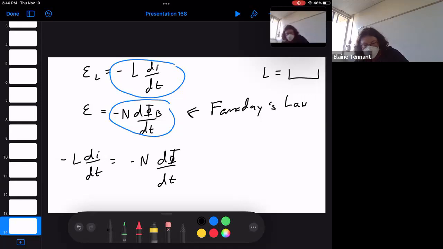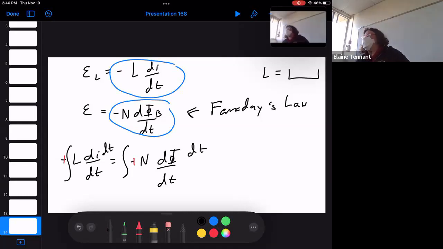I'm sure you're looking at this and saying, 1, those minus signs are totally going to cancel out. And 2, I have 2 derivatives with respect to time. Why don't I just integrate both sides with respect to time? That might be a nicer thing to do. And we will. We'll integrate both sides.